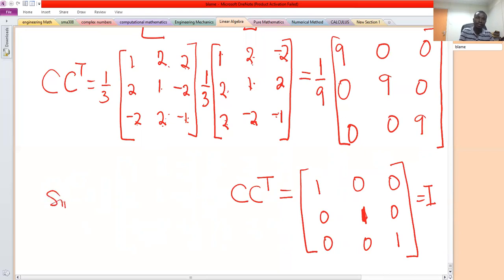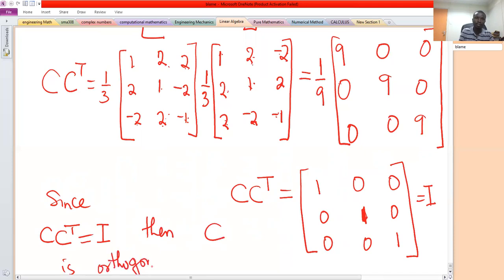So since C times C transpose is the identity matrix, then C is orthogonal. So that's how we prove that.